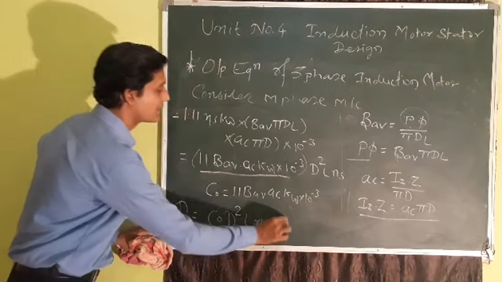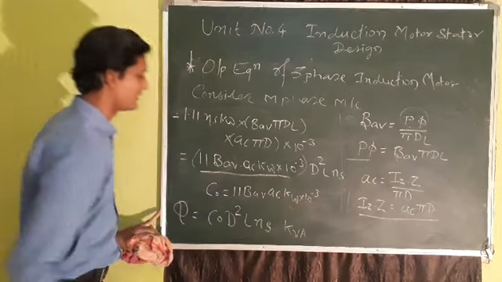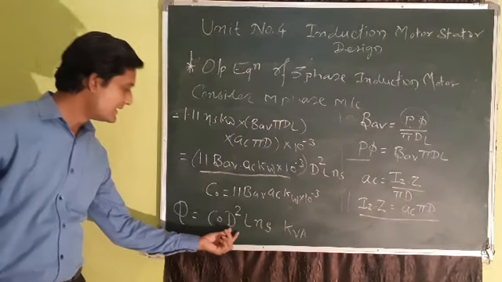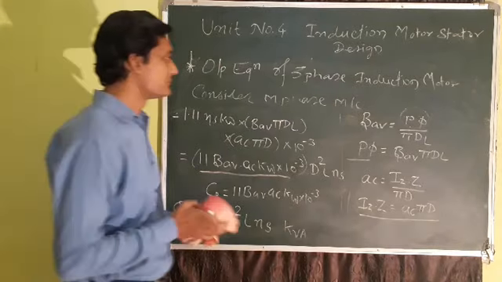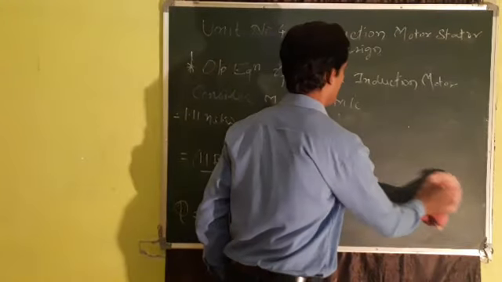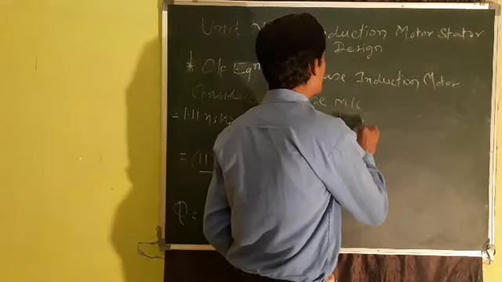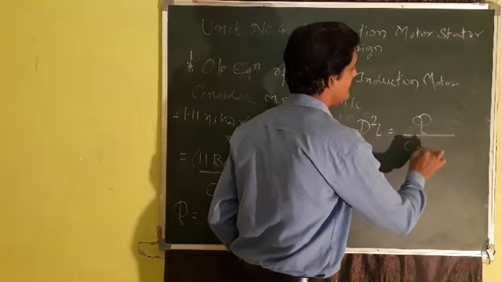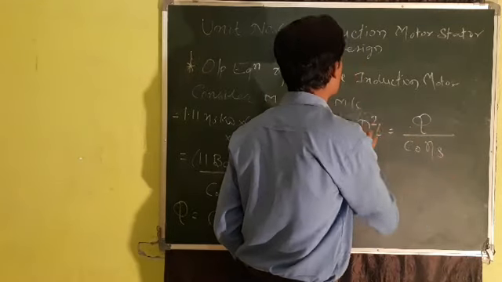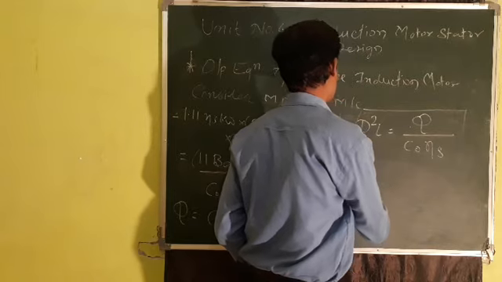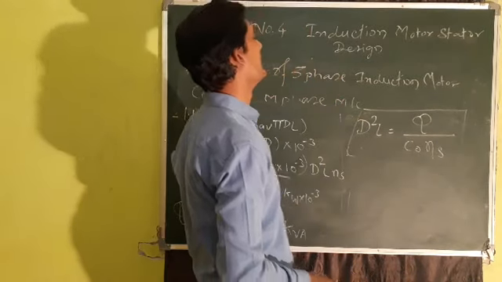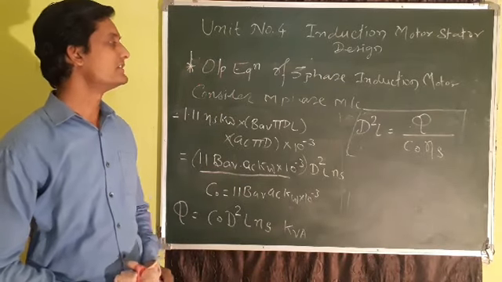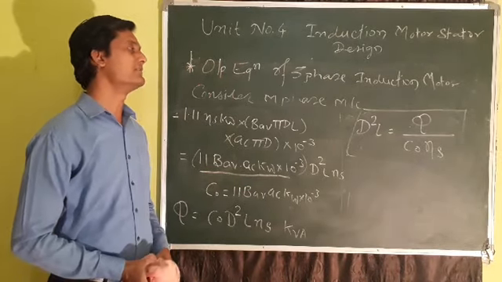This is the kVA. From this equation you can calculate D and L: d square L is equal to Q divided by C0 into Ns. This formula is used to calculate D and L, the main dimensions of the induction motor. This is the output equation of the induction motor.